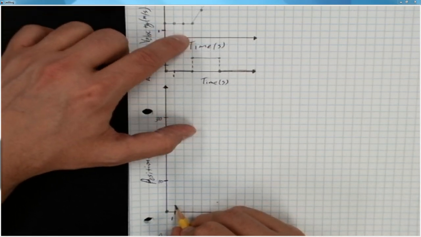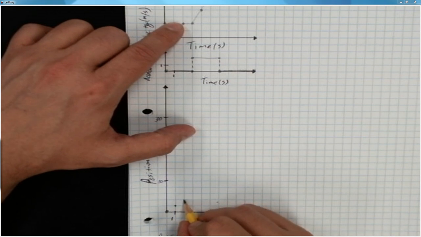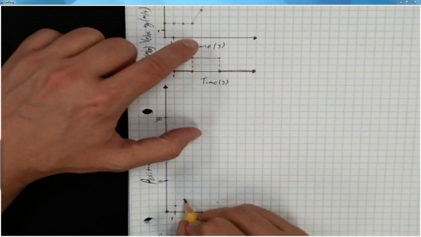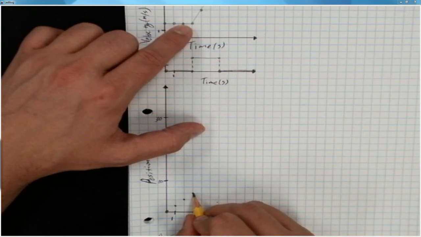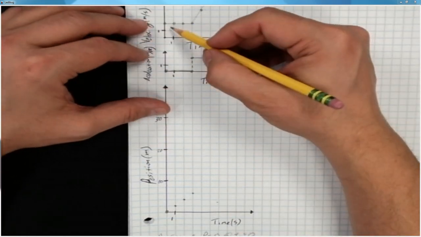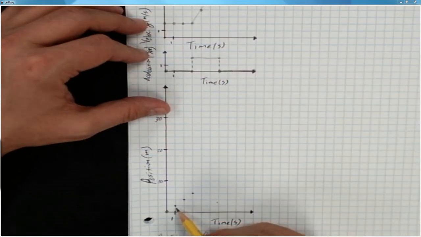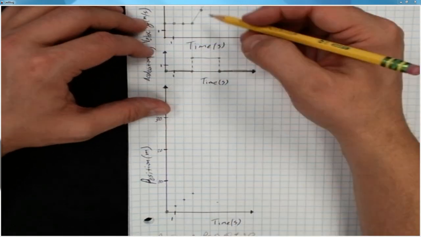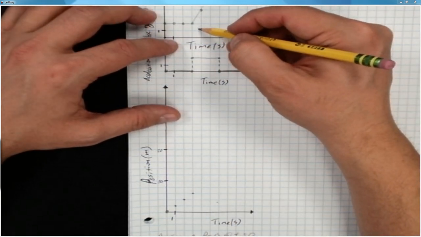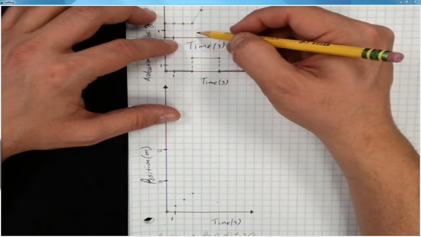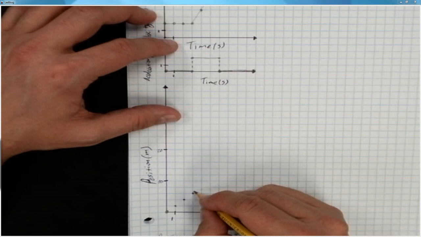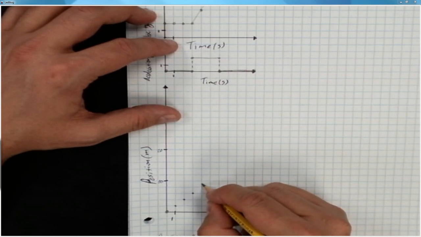In the next second, you go 1, 2. In the next second, you go 1, 2. So that's 2, 4, 6. In the next second, you go 1, 2, and half of 2, which is 1. So 1, 2, 3, 3 more.